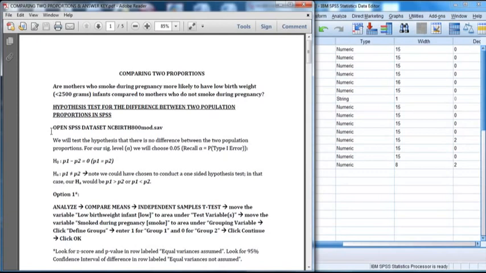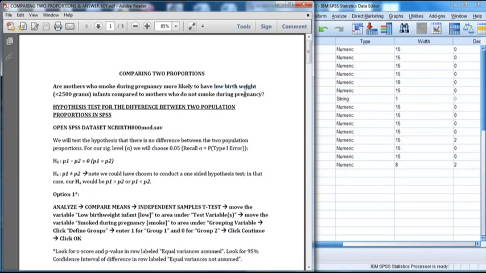Now, the first analysis which we'll be conducting in SPSS is to compare two population proportions. Now, the outcome or response variable in this case is a dichotomous categorical variable.